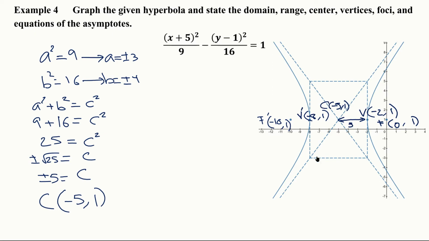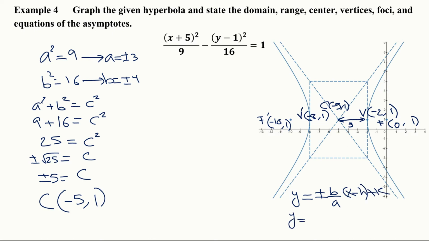We've graphed it by making our fundamental rectangle, drawing our asymptotes, and then graphing starting at the vertices, right? So we need the equation of the asymptotes. Remember, this is going to be of the y equals plus or minus b over a times x minus h plus k variety.